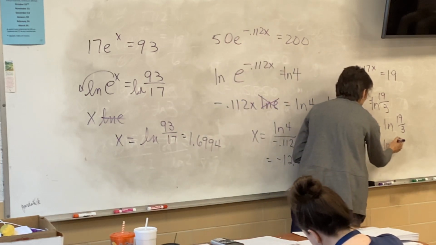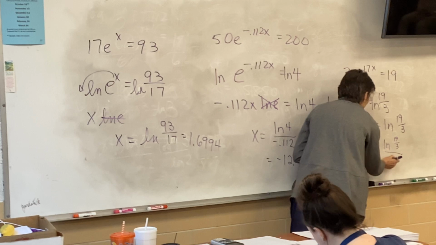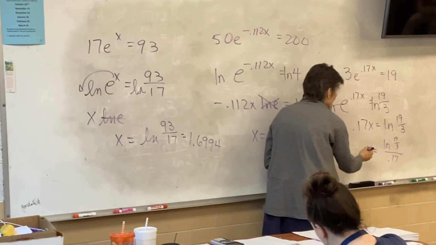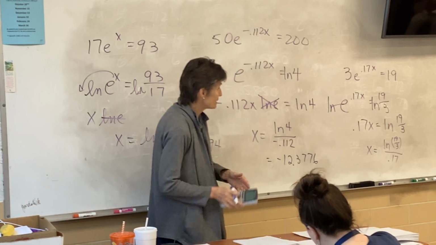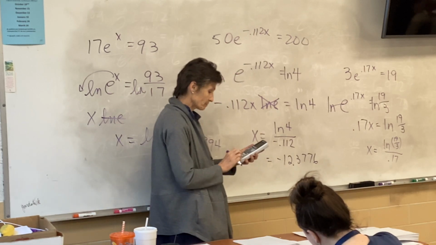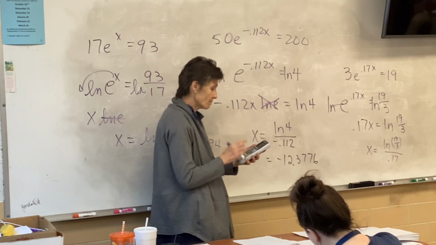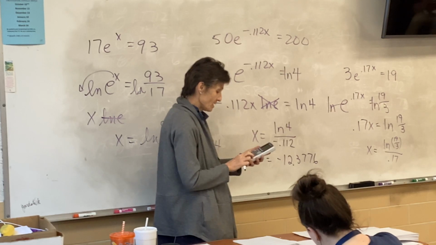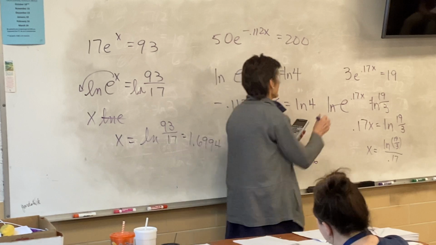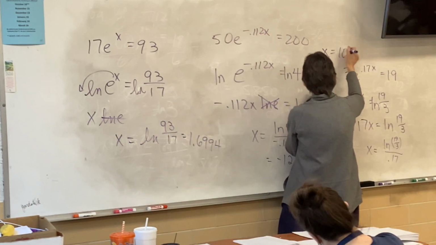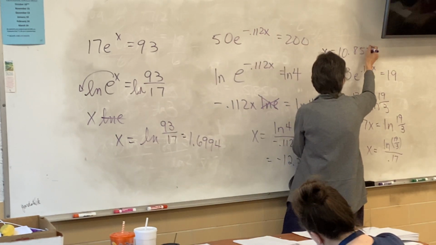Now be real careful with this, guys. We haven't had one where we had to type quite that much. You're going to type ln 19 divided by 3, close the parentheses, and then divided by 0.17. That's what I got: 10.8578.